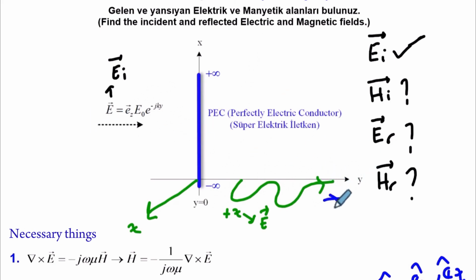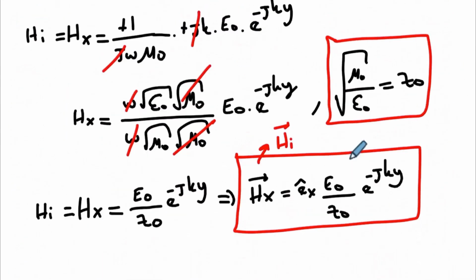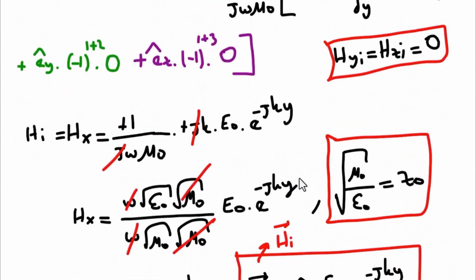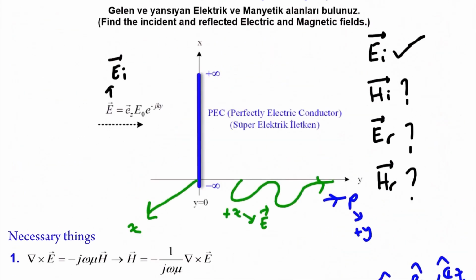It's progressing in the positive y direction. I have an electric field in the z direction. The direction of progression is in the y direction. In which direction did I find the magnetic field? I found the incoming magnetic field in the x direction. This also shows us the equivalence of the three, friends. Pay attention to it like this. Again, the direction of progression is this way.